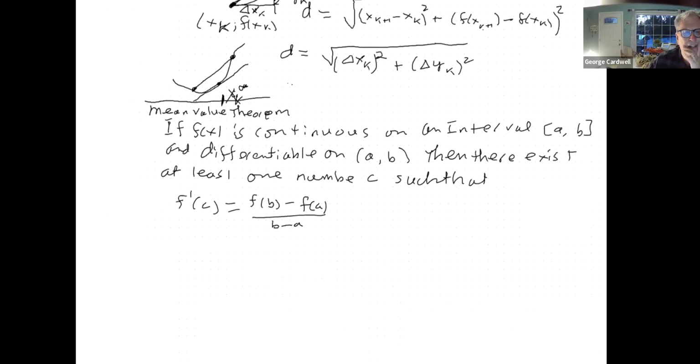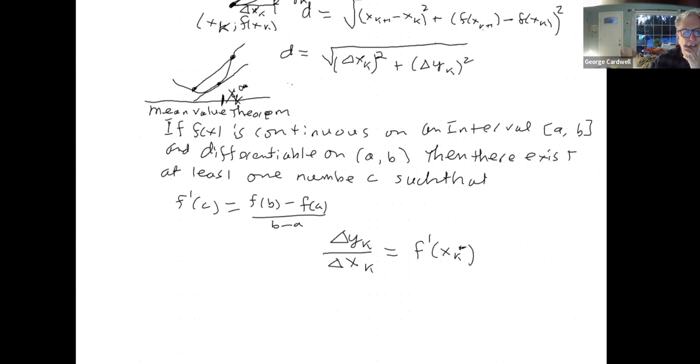So according to the mean value theorem, if I take delta yk and divide that by delta xk, then there exists some point between xk and xk plus 1, which I'm just going to call xk star, such that the derivative at xk star is equal to this.